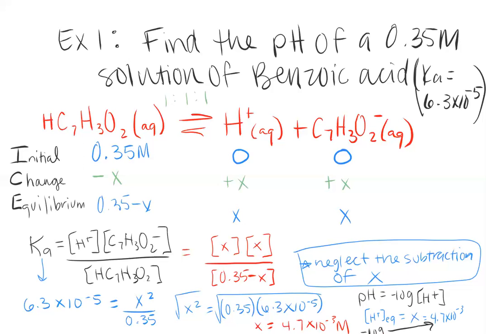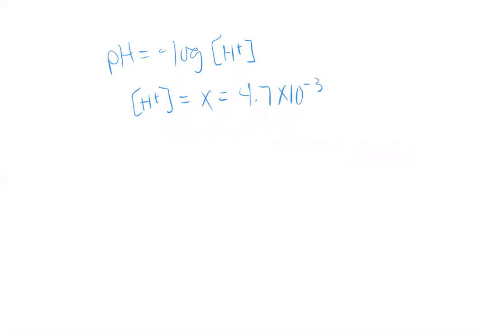Sorry, my screen's running out here. Let's see if I can make that better for you. All right, so let me rewrite that. So pH is the negative log of the H plus. We know that H plus is equal to X, which in this problem we just solved for and found X to be 4.7 times 10 to the negative 3.